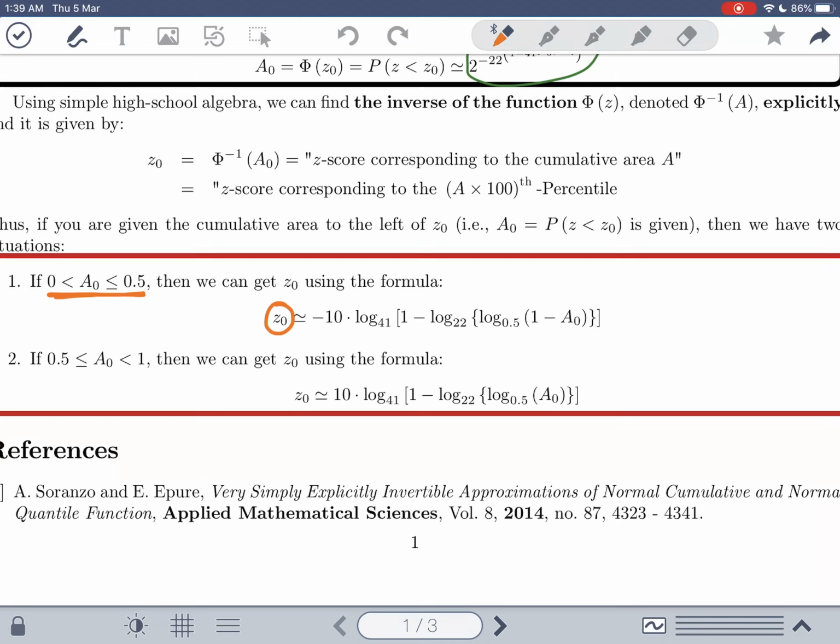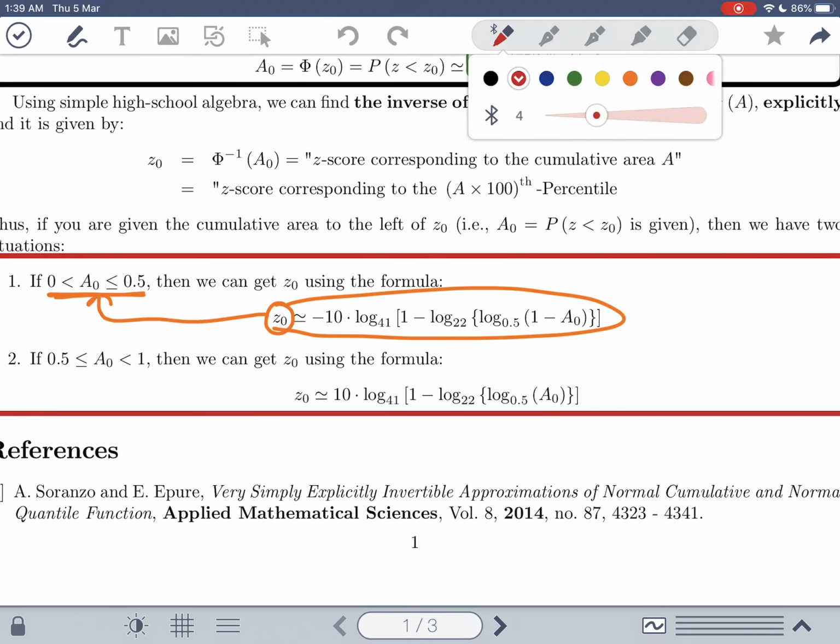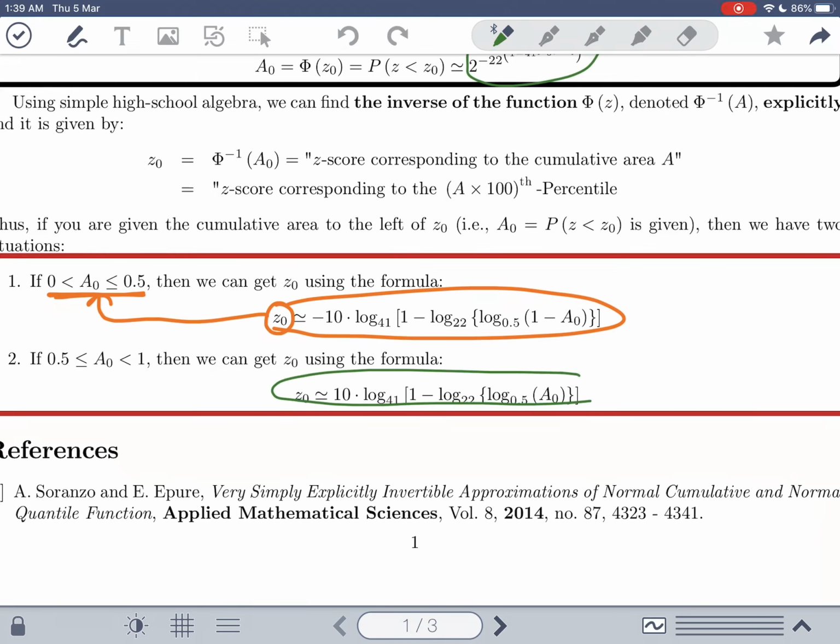In the Italian paper they found this formula when the area is from 0 to half, and this formula for z0 when the area is between half and 1. You know that the area under the standard normal curve is from 0 to 1, because it's a probability. Any probability is between 0 and 1.